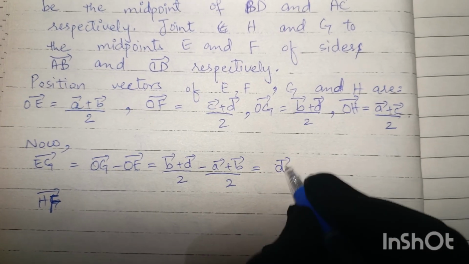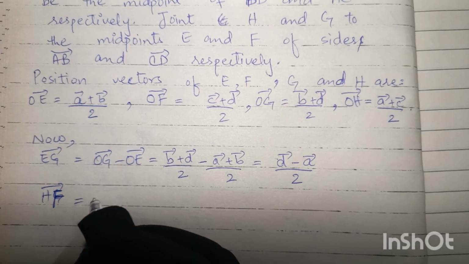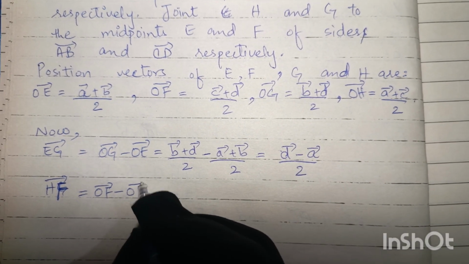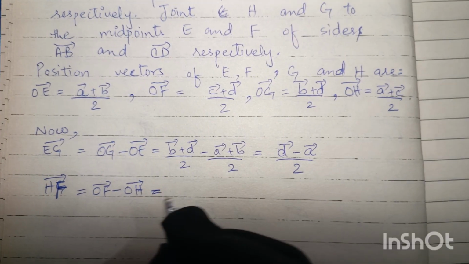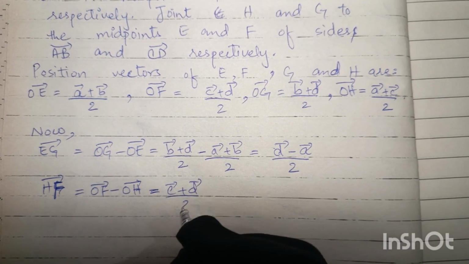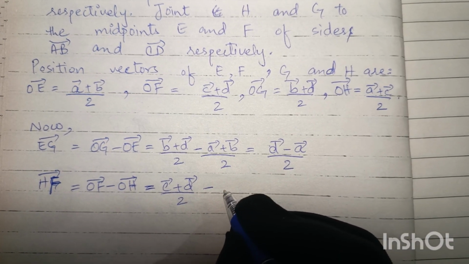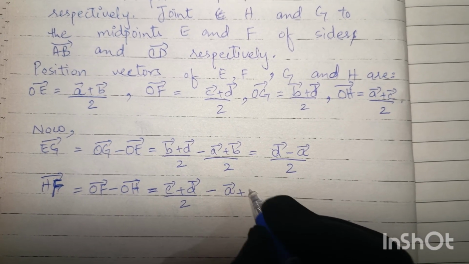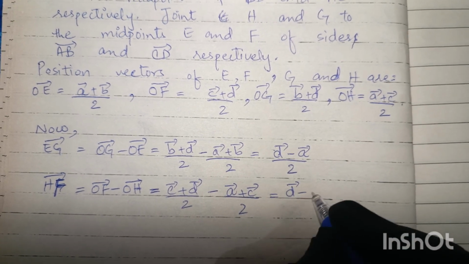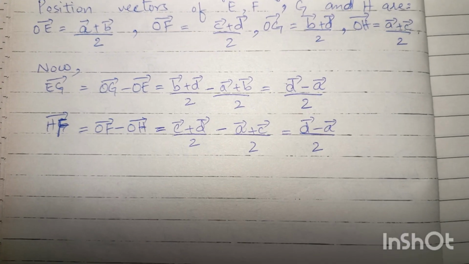So the answer is D minus A divided by 2. Similarly, HF is OF minus OH, and OF is C plus D divided by 2, and OH is A plus C divided by 2. So the answer is D minus A divided by 2. Both of them are equal.